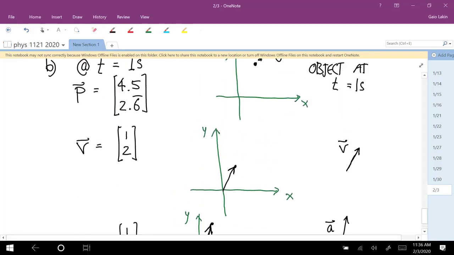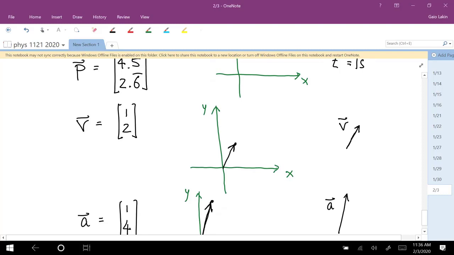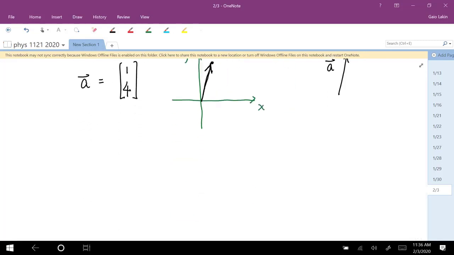And now what can we say about the direction it's moving, whether it's speeding up or slowing down, and whether it's turning, and if it is, which way is it turning? Okay. Well, the velocity vector is this way, right? So that's the direction it's going.